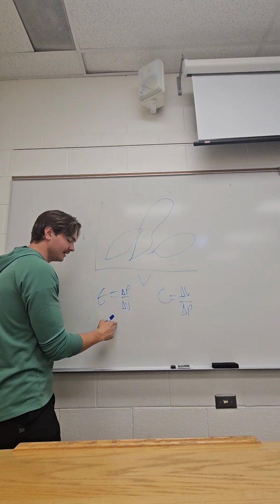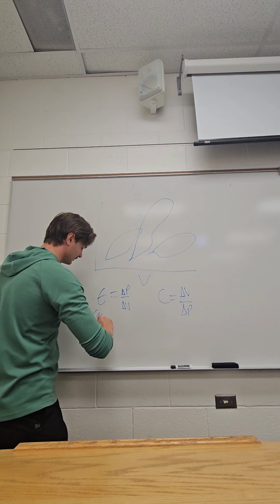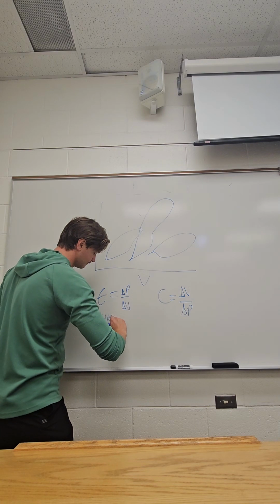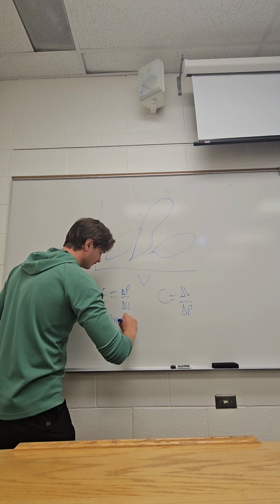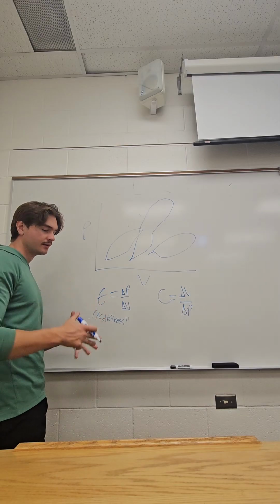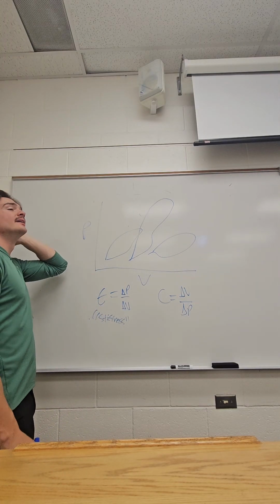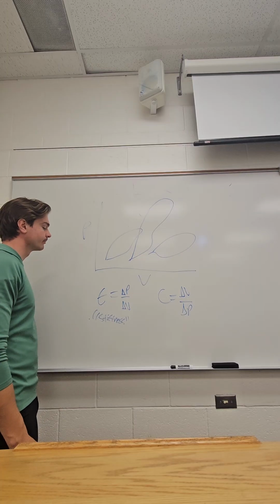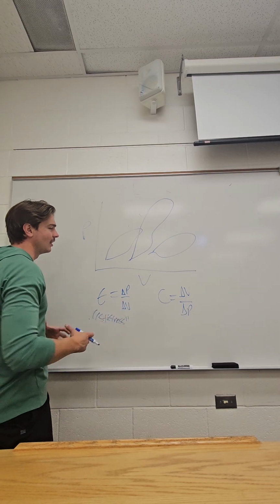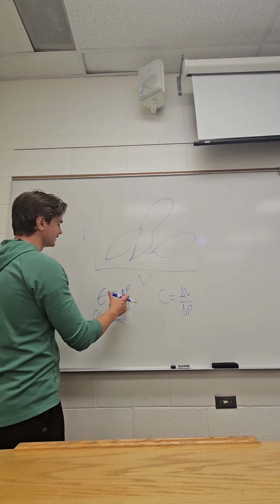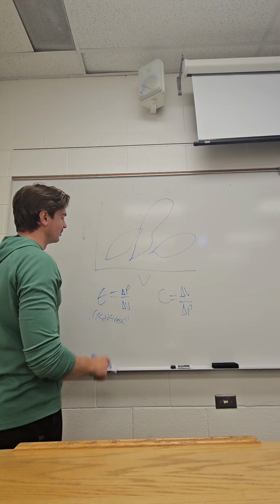What this is saying, elastance, is like stiffness. And this is compliance. So what this is saying here is that basically to get a volume change, our pressure has to go way up.